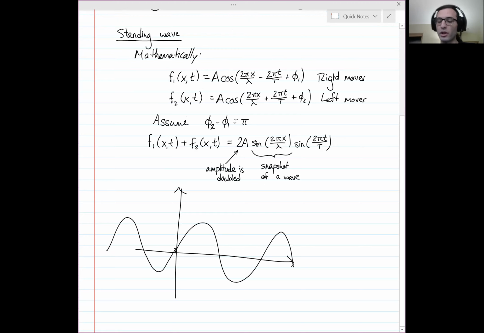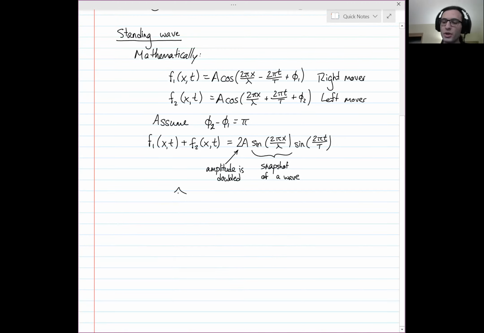And then similarly, you could ask, what is happening here? Well, this is the oscillation. This characterizes or describes the oscillation of a single point. Remember how we described periodic waves? We said that you could view it as a snapshot, or you could view the oscillation of a single point.